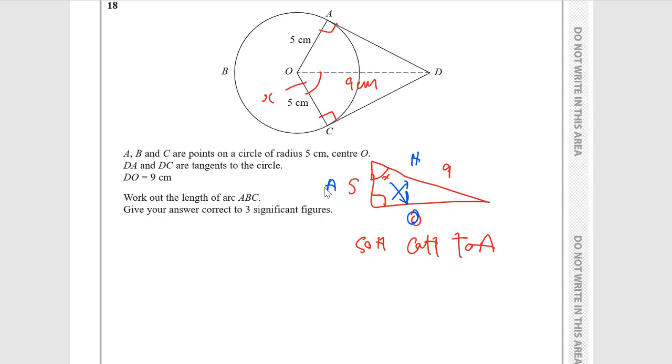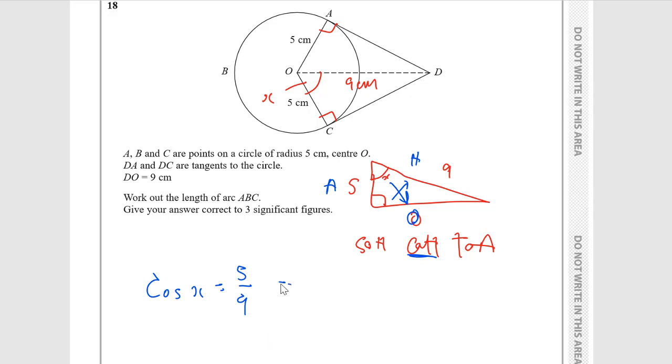And then this is going to be the adjacent. So we've got the adjacent, we have the hypotenuse, so we're going to choose this one here. So angle AOC, that's that one there. So cos x equals 5/9 using the CAH.